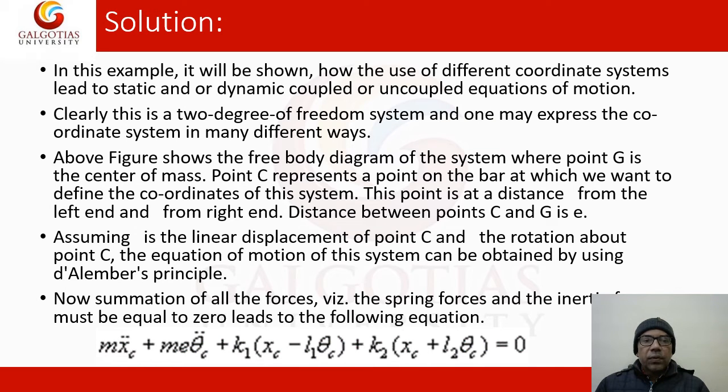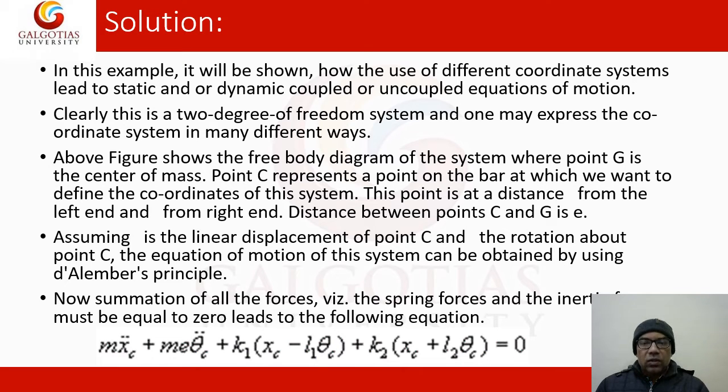In this example, it will be shown how the use of different coordinate systems will lead to statically and dynamically coupled or uncoupled equations of motion. This is a 2 degree of freedom system, and one may express the coordinate system in many different ways. The above figure shows the free body diagram of the system where point G is the center of mass, and point C represents a point on the bar at which we want to define the coordinates.